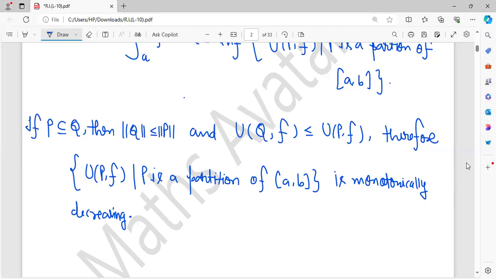Using the same technique as we do for the monotone convergence theorem, U(P, f) as the norm tends to 0 will converge to the infimum.